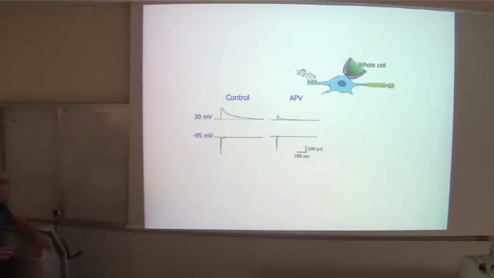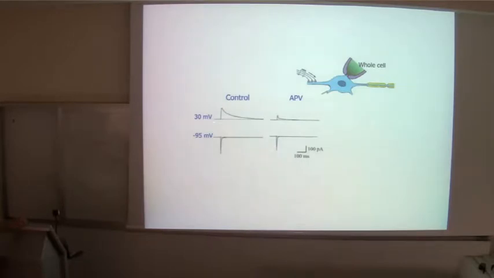You can do the same trick in voltage clamp. So you hold the cell at -95, and you get a current, and this is the current at -95. The current doesn't change a lot. Again, because when you apply AP5, the NMDA receptors are blocked anyway.